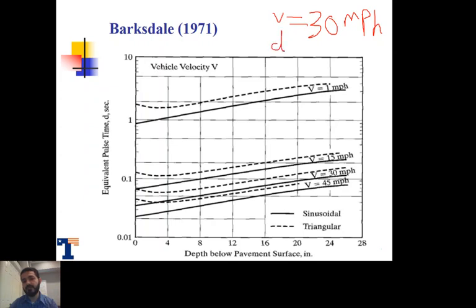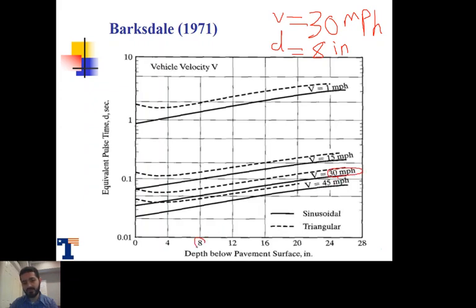So the depth is 8 inches. And I want to do a sinusoidal test. So what we do here, we look into the 30 miles per hour. These are the two groups for 30 miles per hour. I'm interested in the sinusoidal, which is a continuous line.